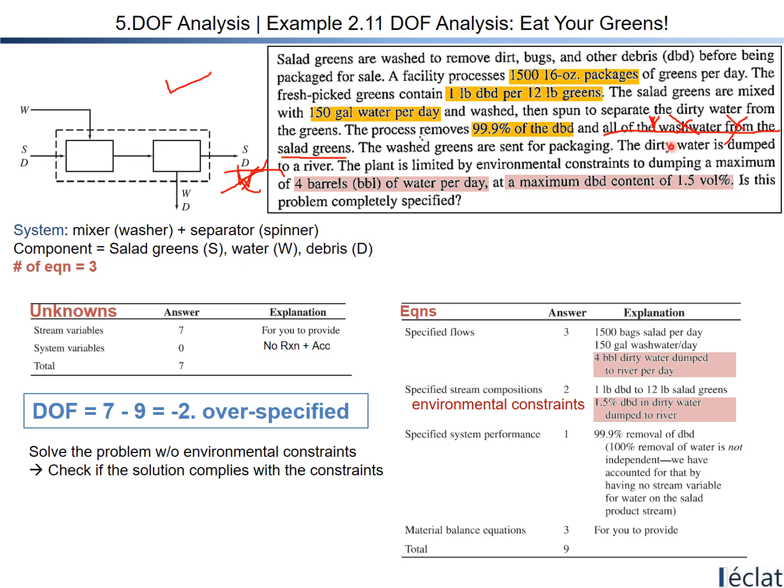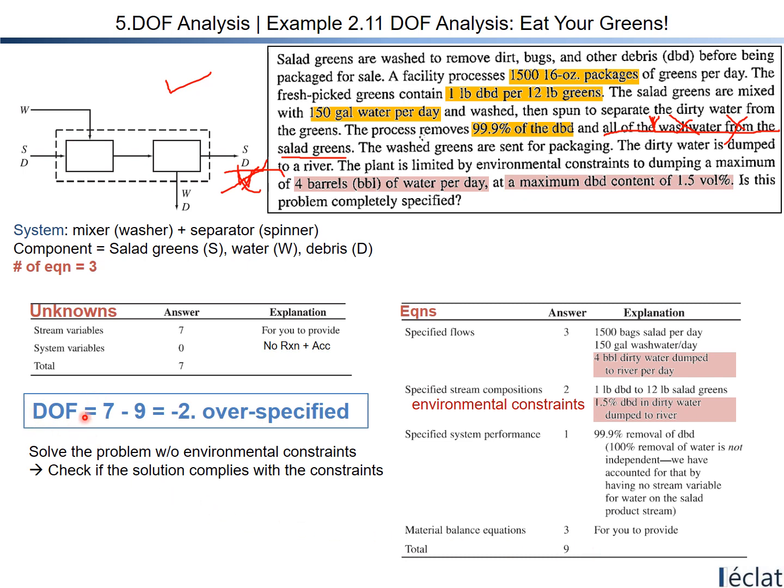However, I have said we cannot count this condition because we have already used it by removing water in the upstream. So you don't need to think about the second condition for the system performance specification, which was 100% removal of water. So the number of system performance specifications is 1. Then the total number of equations or restrictions would be 9.